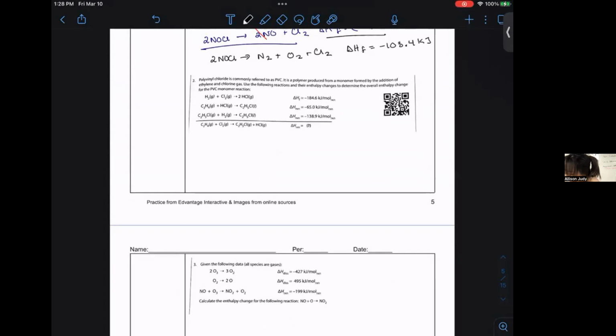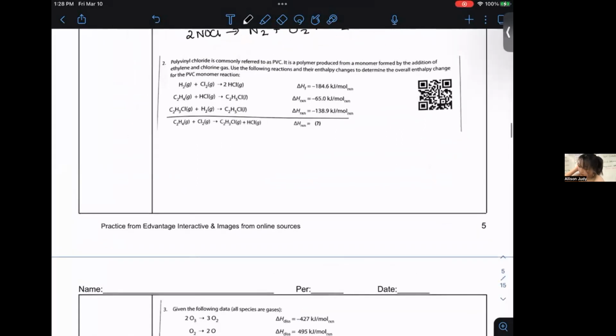So this one, what we're going to want to do is for H2, Cl2, 2HCl, keep it the same. I don't see us needing to flip it. For the second one, I'm just going to write it separately so it's easier to see.